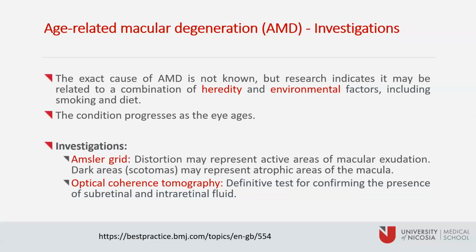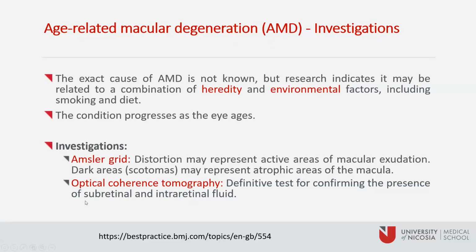In terms of investigations, a patient might start complaining that they have abnormal vision. A simple test to perform in order to check for this type of abnormality is the Amsler grid. I'm going to show you in a minute what it looks like, but basically you can have distortion of the vision, which can represent active areas of macular exudation, or you can have dark areas on the grid that can represent atrophic areas of the macula.